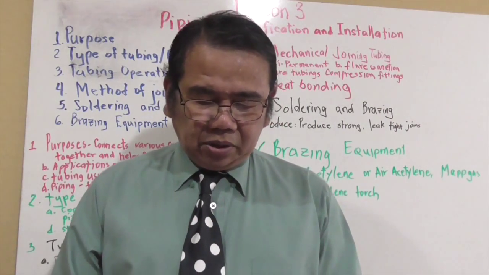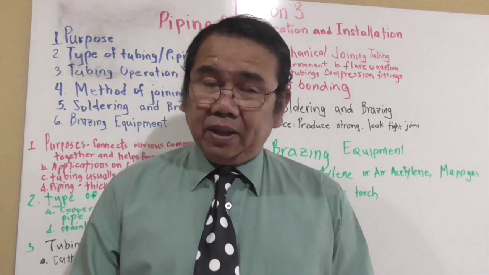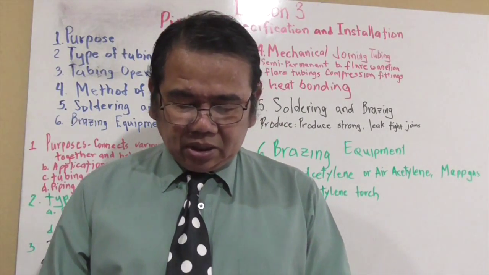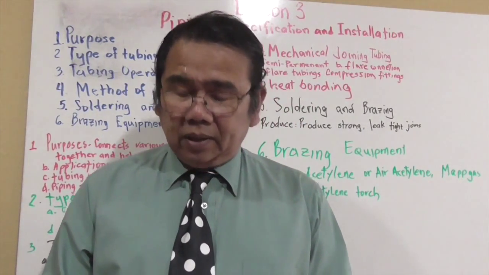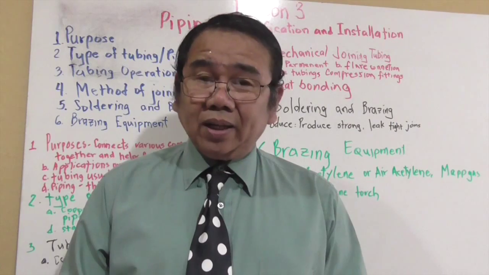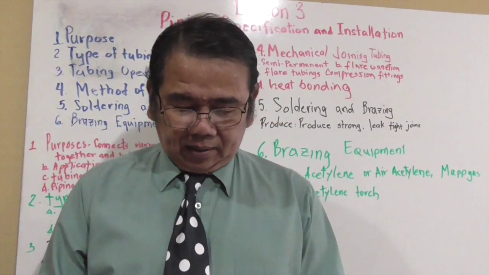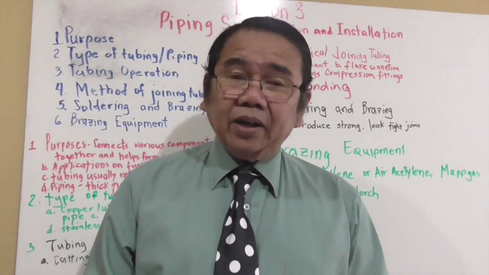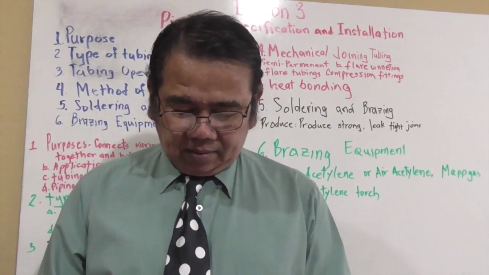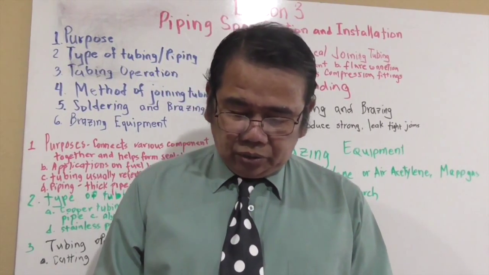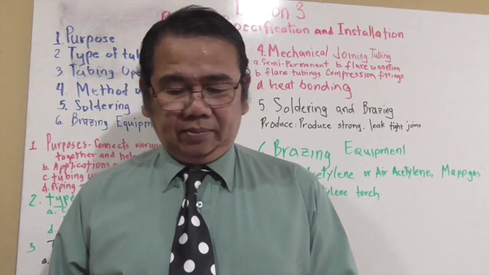Because of the rigid construction, fewer supports are needed, particularly in large dimension. Sizes range from 1/4 of an inch to over 6 inches outside diameter. Come in a standard 20-foot length. Dehydrated, charged with nitrogen, and plugged at its end. Most commonly used in 7/8 outside diameter and larger.